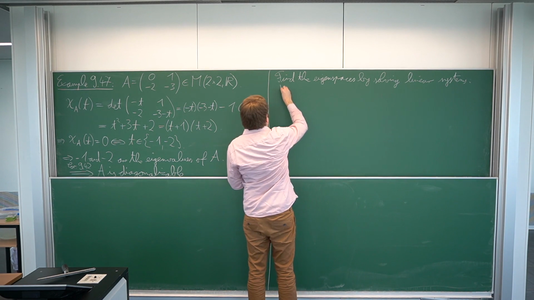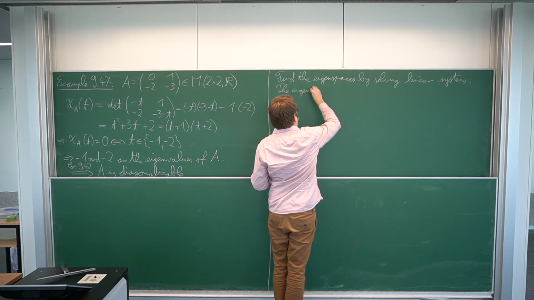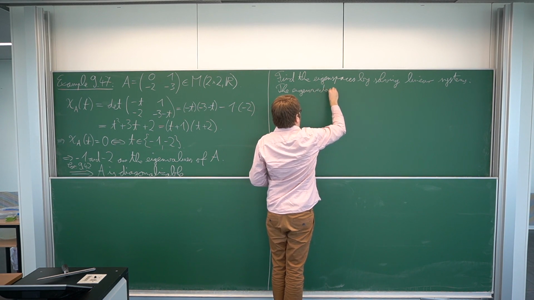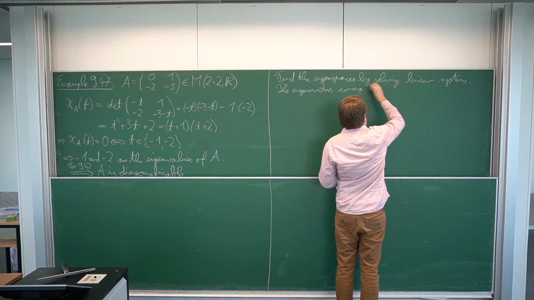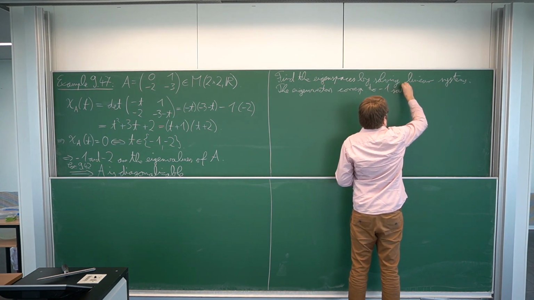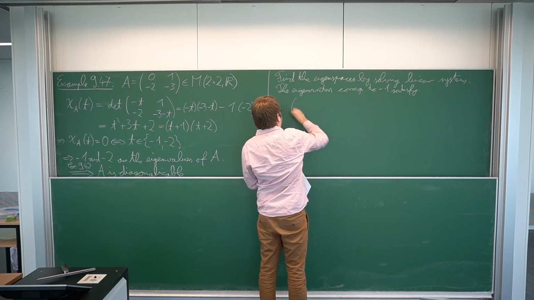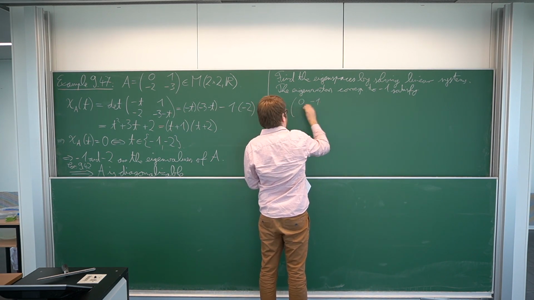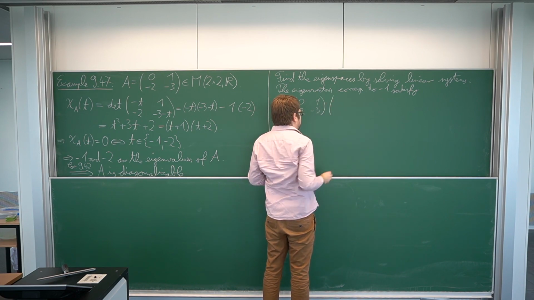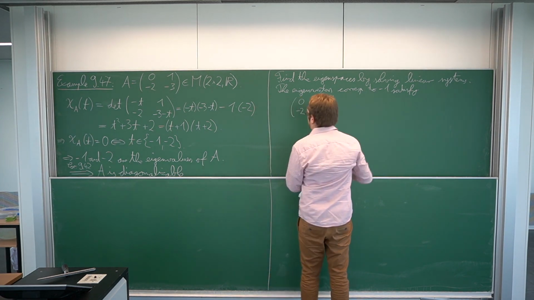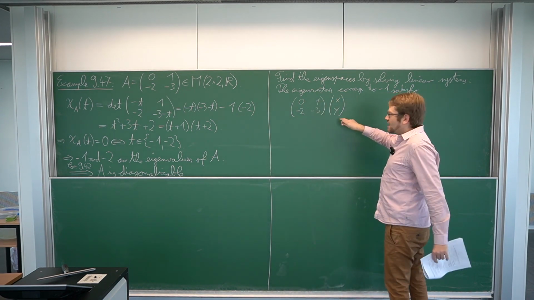The eigenvectors corresponding to minus 1, how are they given? They are given by the matrix A, with rows 0, 1 and minus 2, minus 3, times the vector, which I write as a column vector with 2 entries, xy.